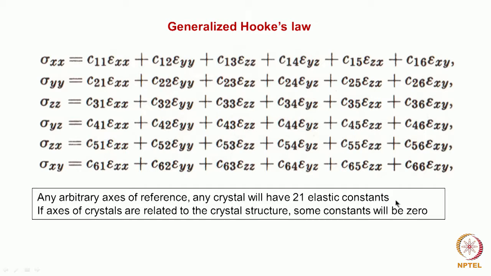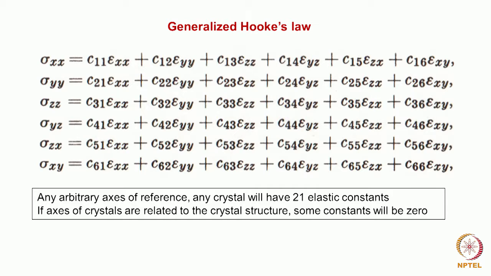So if we consider a case like triclinic, where there is no symmetry associated with it, then the number of independent components of the stiffness coefficients is 21.